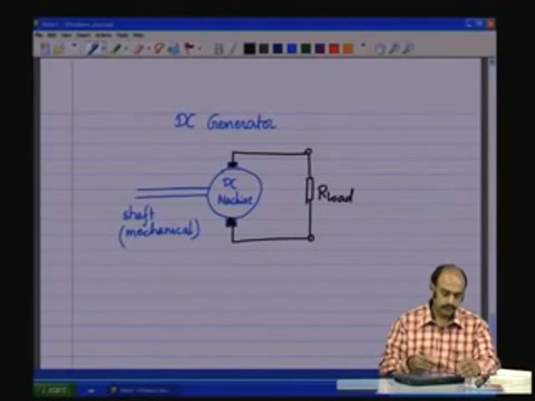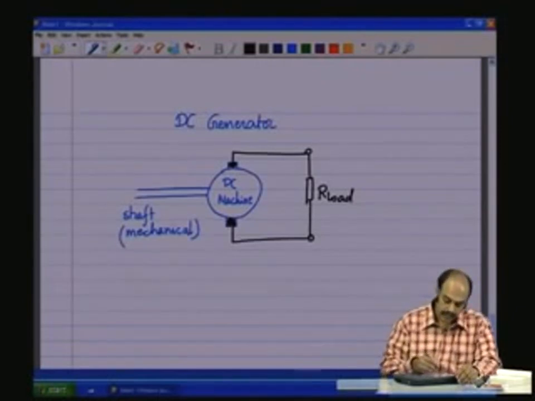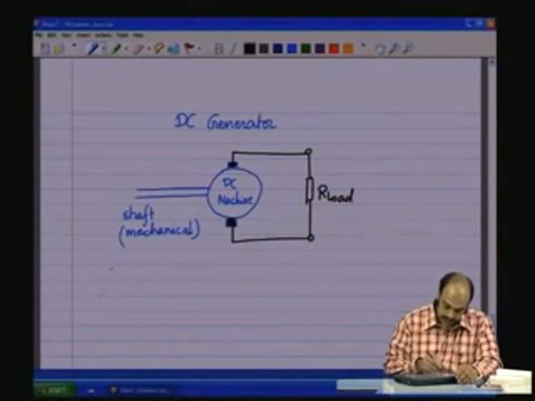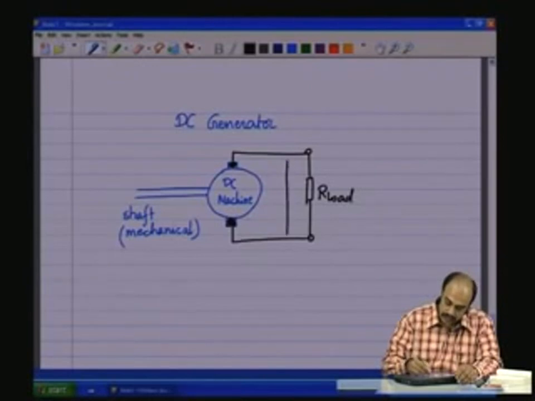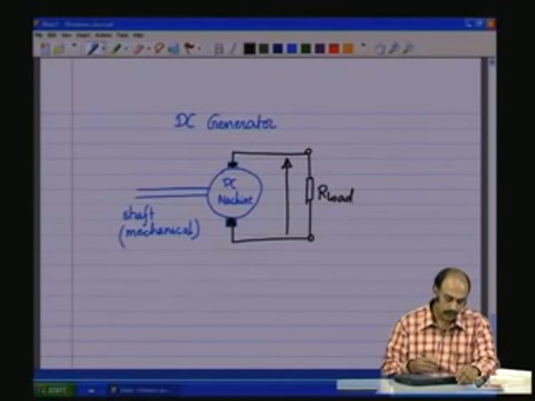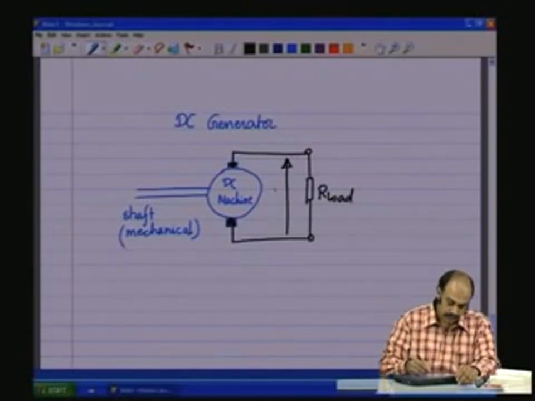And now, let us look at how much voltage is induced across the brushes. The induced voltage, we will call this E generated.